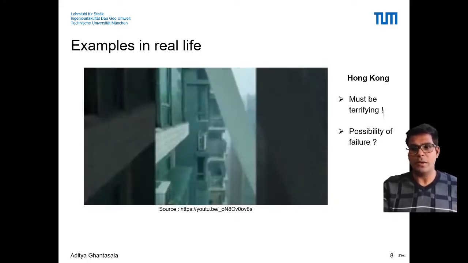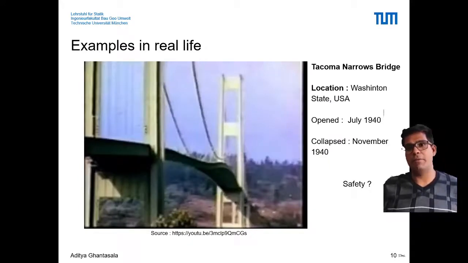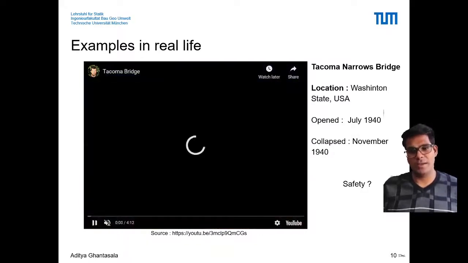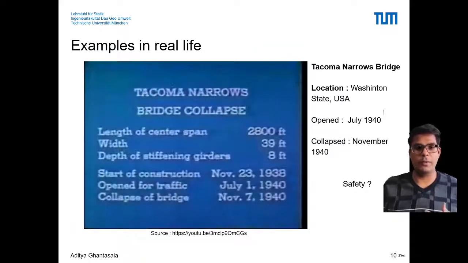I also have another example of a bridge here, in this case the Tacoma Bridge, which was built in the 1940s in Washington State, USA. This is a classical example of why consideration of fluid structure interaction when building such bridges is really important.